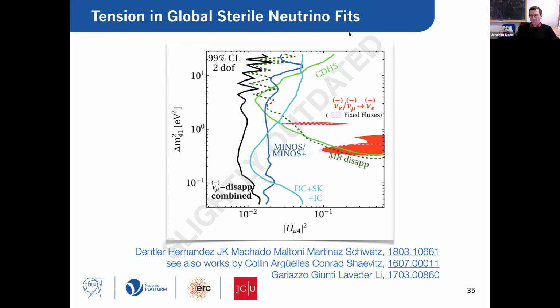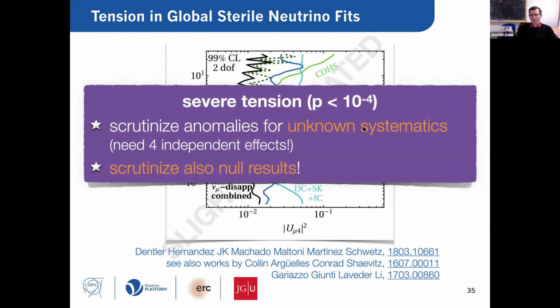The region to the right of the black curve is ruled out at the 99% confidence level. As you can see, there's really significant tension between this exclusion limit and the parameter region that would be required to explain the anomalies. We can quantify this and we come up with a very small p-value of less than 10^-4.